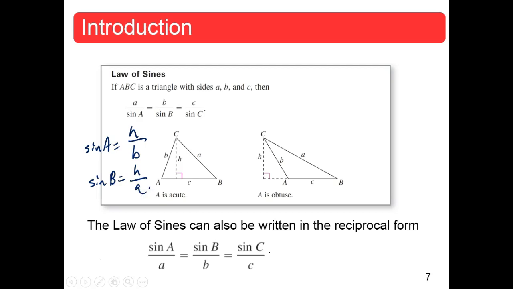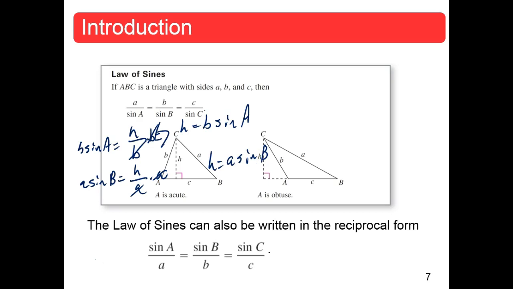Now let's solve both of those for H. Solving this for H yields H is equal to B sine A. Multiply both sides by B, and you have H is equal to B sine A. Let's do the same here. Multiply both sides by A, and you have H is equal to A sine angle B.